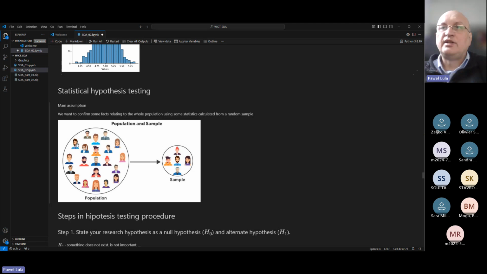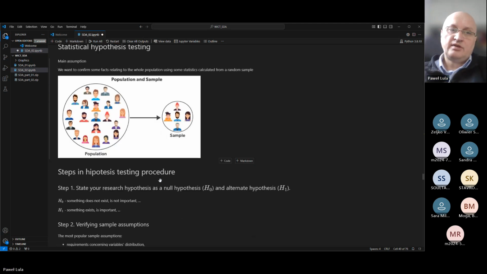It is the main idea of statistical hypothesis testing.